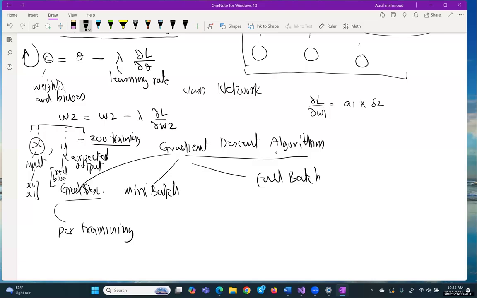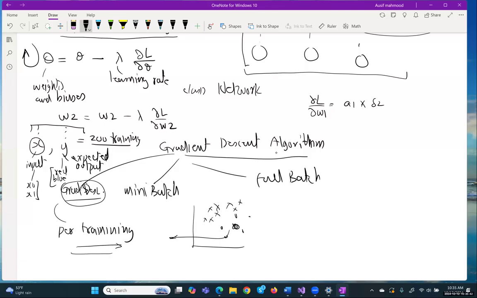So in the regular gradient descent algorithm, what we do is we pick one of these inputs. For example, if this is our training data, let's say instead of red and blue, I put O's and X's over here. If we pick one of these as the training data, based on this input, we feed it through our neural network where the weights and biases are randomly initialized.